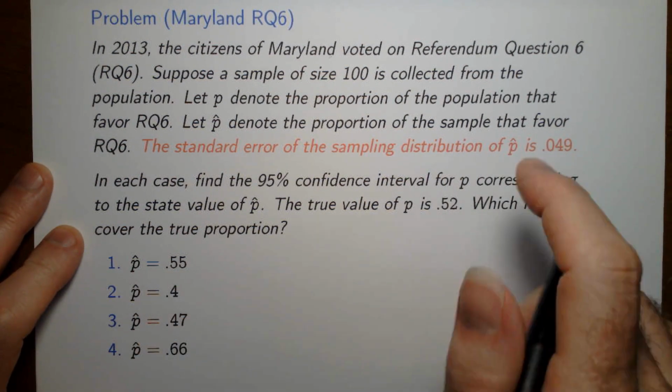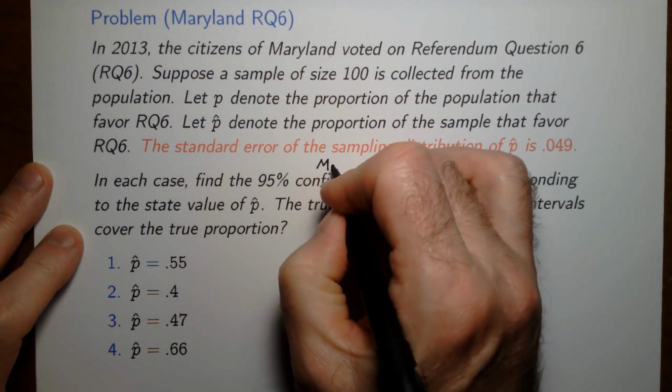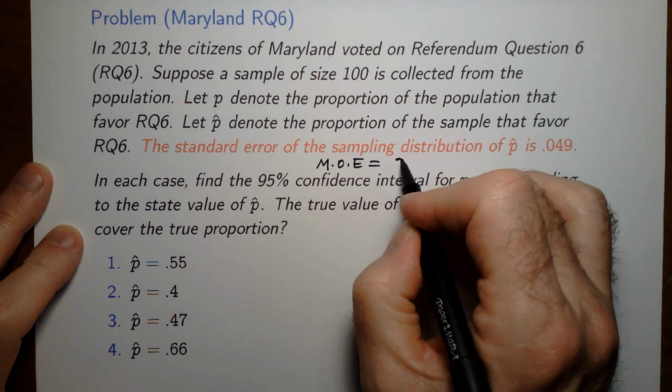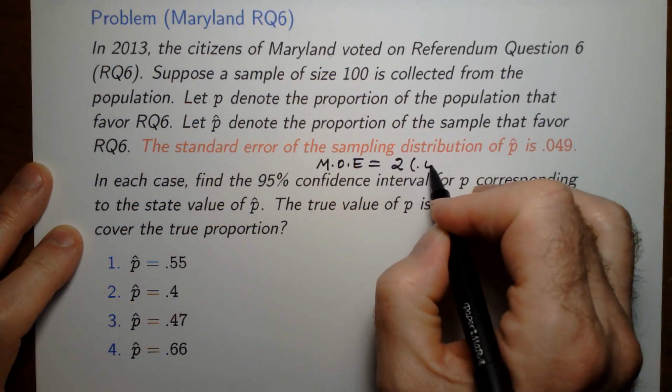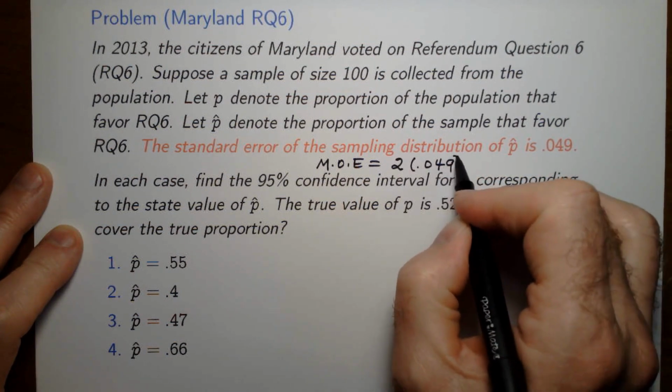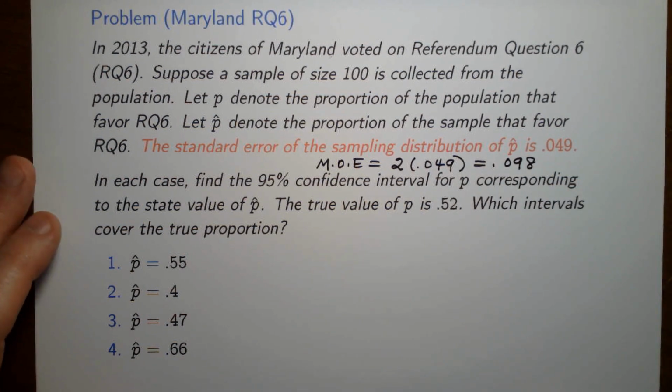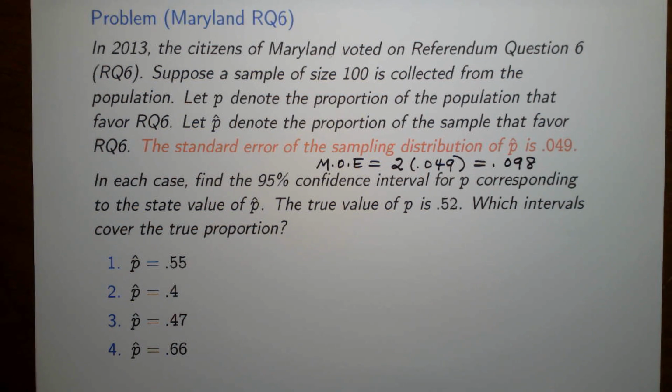The margin of error, let's just compute that here because it'll be the same throughout. The margin of error is going to be 2 times 0.049, which is going to be 0.098.